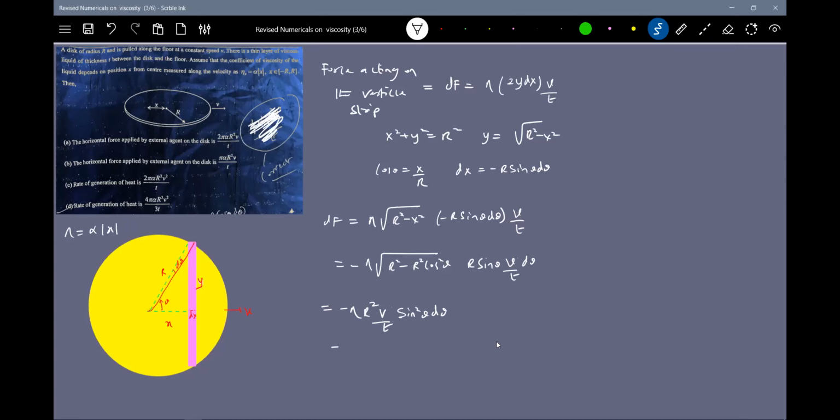Now what is eta? We'll bring the eta now. Alpha x r square Vt sin square theta d theta. X we can write r cos theta, also into 2.